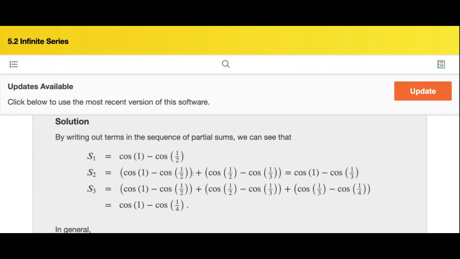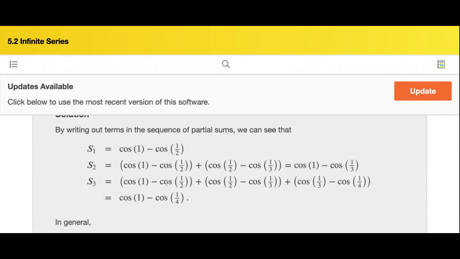So negative cosine half plus cosine half becomes 0. So we have cosine 1 minus cosine 1/3. S3: we have cosine 1 minus cosine half plus cosine half minus cosine 1/3 plus cosine 1/3 minus cosine 1/4. So negative cosine half plus cosine half cancelled. Negative cosine 1/3 plus cosine 1/3 cancelled.